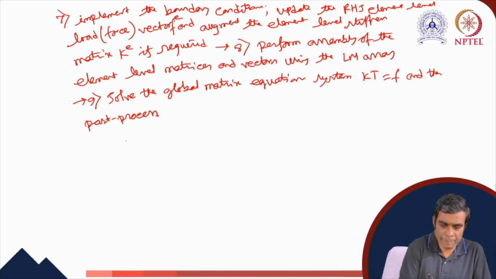During the process of mesh generation, we choose the element type. If it is in one dimension, then we use the bar elements. And if it is in two dimensions, then we go for the triangular elements or the quadrilateral elements.